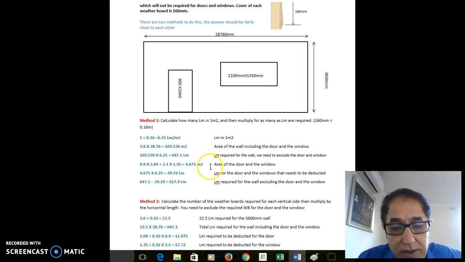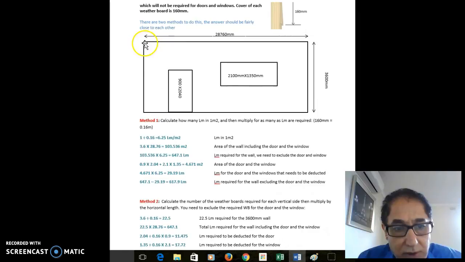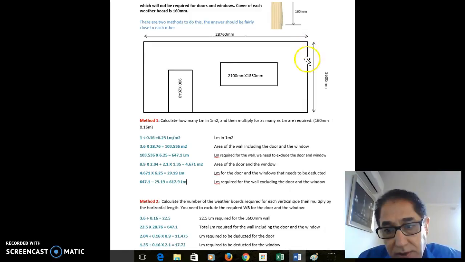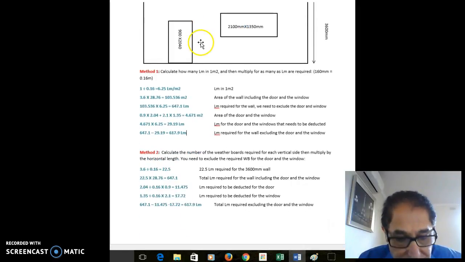Okay. The next method is to find out how many weatherboard we need to cover the vertical line, which means divide this value 3600 millimeter by 160 millimeter.